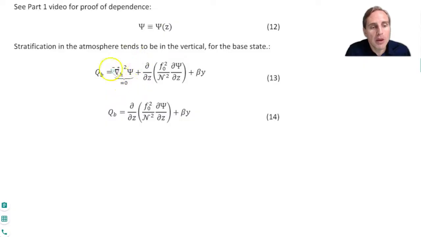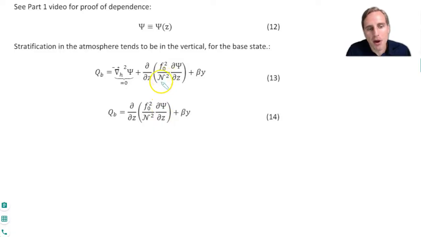Furthermore, when we insert that into the background base state of the quasi-geostrophic potential vorticity, notice that the Laplacian of this psi is 0, because remember, this is in the horizontal direction. Then notice that the psi here, which depends upon z, is fine.